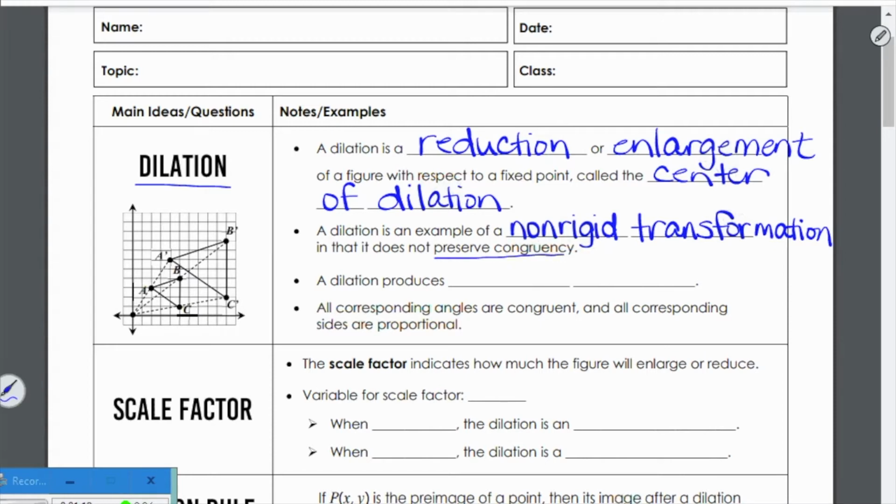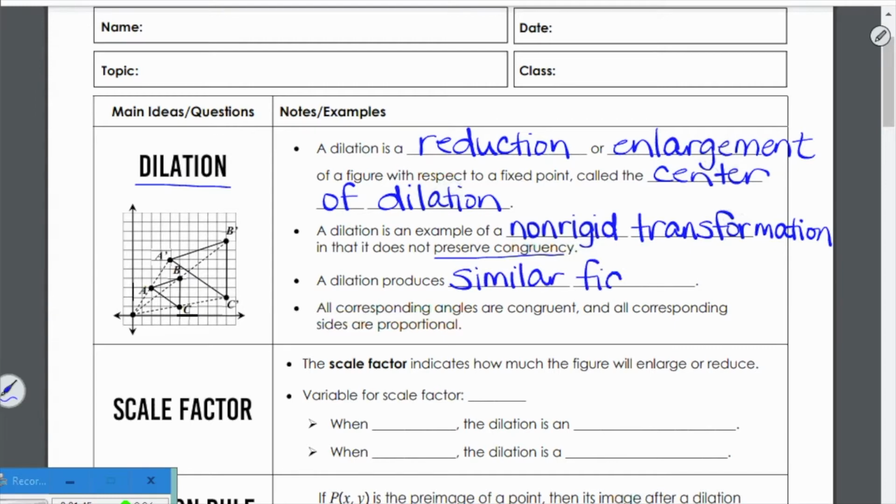The previous ones we've done, translations, reflections, and rotations, have all kept the size of the figure the same. The two figures that we have moved around our coordinate plane have been congruent. They've been the same size, same shape. Whereas a dilation is going to have the same shape, but a different size. So therefore, it produces similar figures.